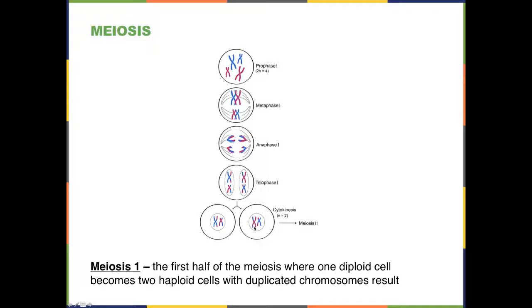So you end up at the end of meiosis 1 with two cells that are haploid, or have only one of the two pairs, but they are duplicated. You start out with one diploid cell, you end up with two haploid cells with duplicated chromosomes.